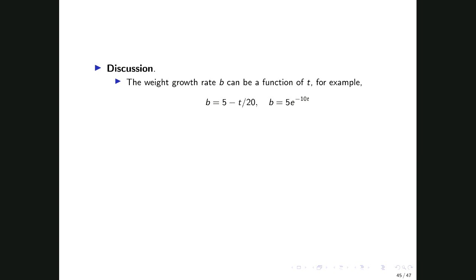We can also propose another function like this exponential. If we plot it, the growth rate decays exponentially over time. When t equals 0, b is 5, with negative 10t in the power, so this is an exponential decay function.